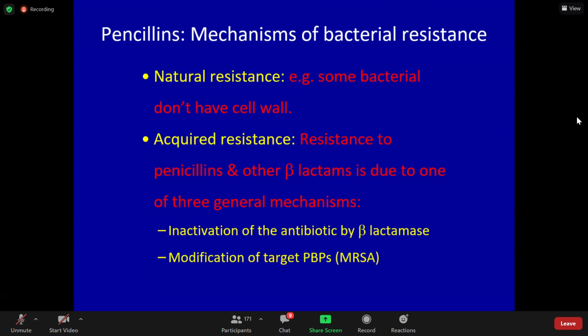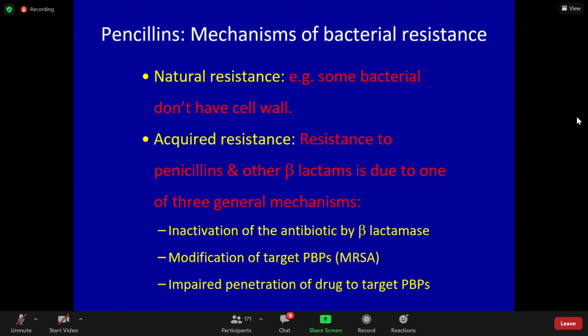The third is impaired penetration of the drug, because the drug must enter the cell wall and act from within to bind with transpeptidase.